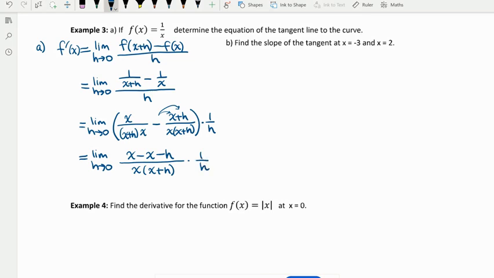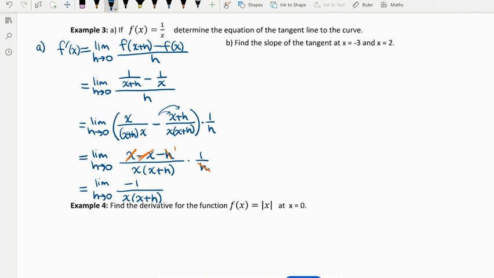Well, times 1 over h. Again, simplifying a little bit, x and minus x can cancel. And I have just a negative h and an h. I can cancel those out, so I'm left with just negative 1, I guess, not 0. So the limit as h goes to 0 of negative 1 over x times x plus h.